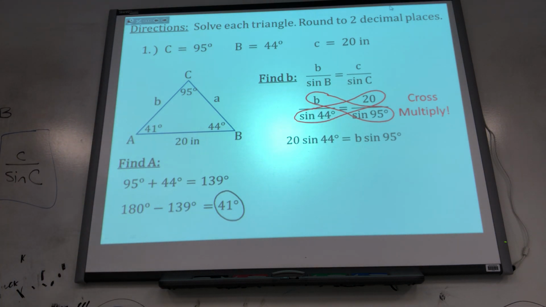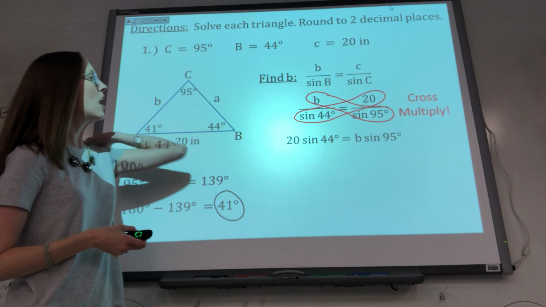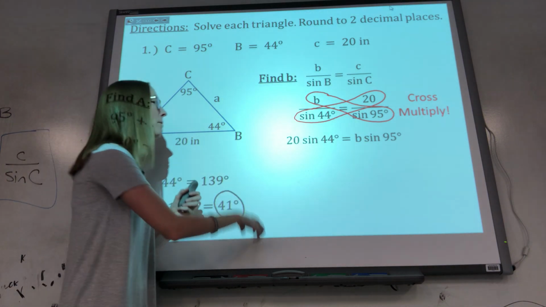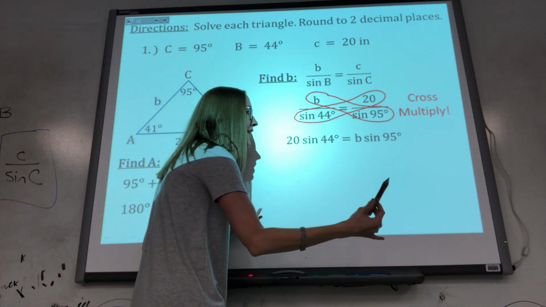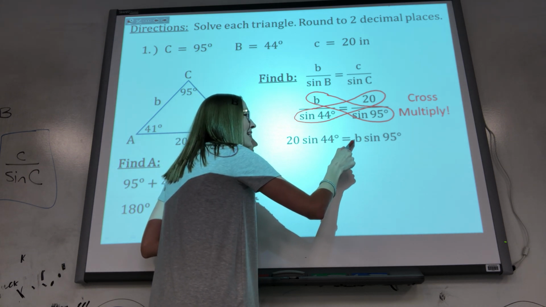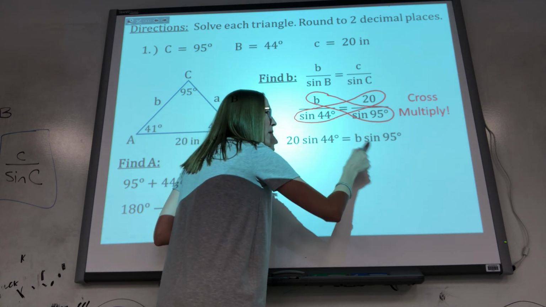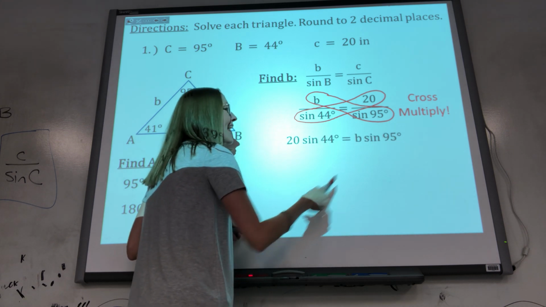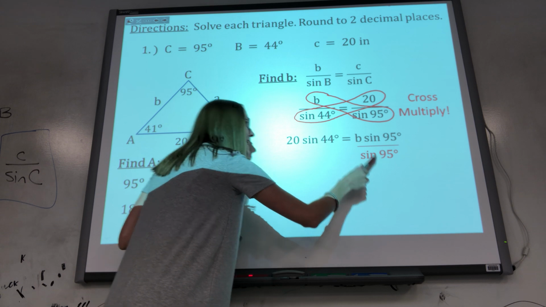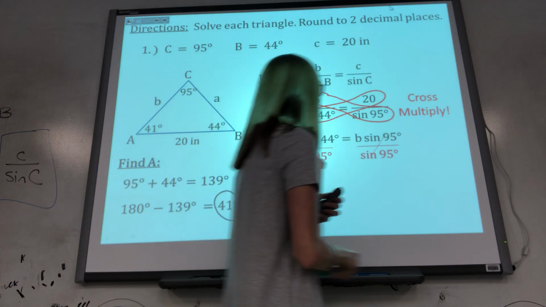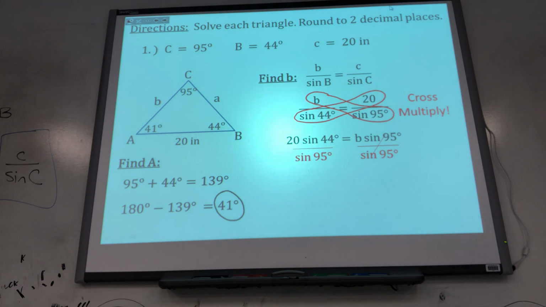B sine of 95 degrees. Now, I don't know what sine of 95 degrees is, but it's some kind of a number. And so my variable is being multiplied by a number, which means to get rid of it, I have to divide by that number, whatever it is, on both sides.